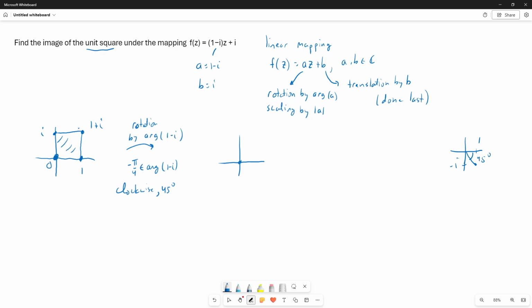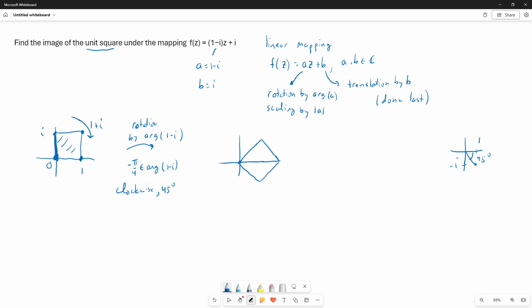So the resulting image, now we're rotating about the origin. This point stays fixed and we rotate the entire square about this point. So we hold this point down and rotate the rest of the square. This side gets rotated 45 degrees, and the other two we can just fill in because it's a square.